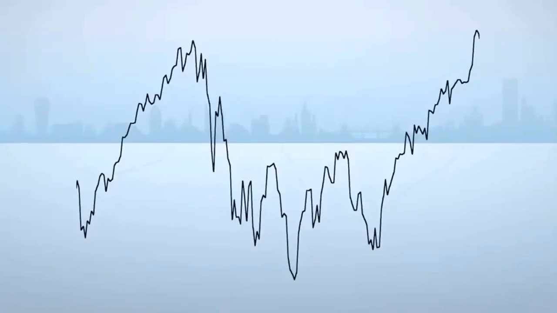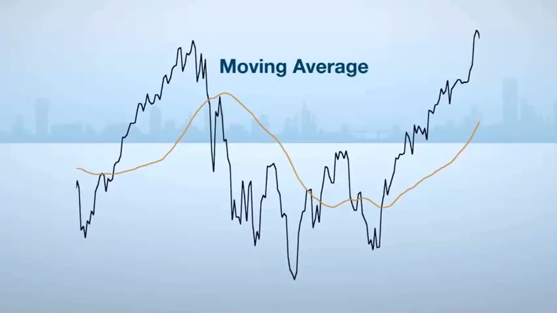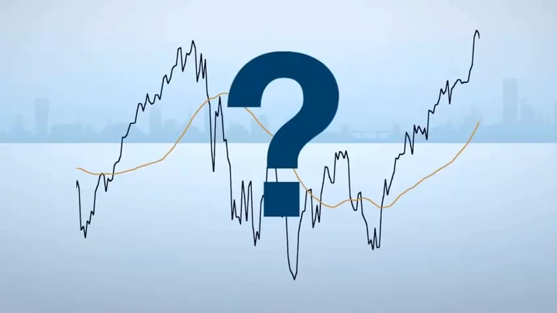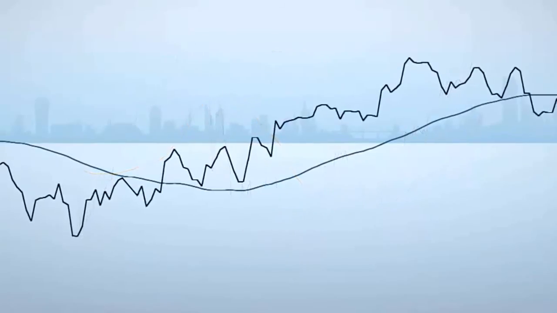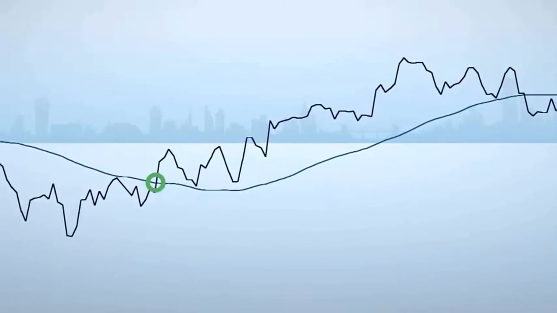One of the most common technical indicators is a moving average line. This indicator averages the stock's price over a period of time and plots it as a line, which can help determine the overall trend. Moving averages can be calculated for any period of time, but one of the most common is 50 days. So what does a moving average tell you about an investment? Imagine a stock's price crosses above its 50-day moving average.